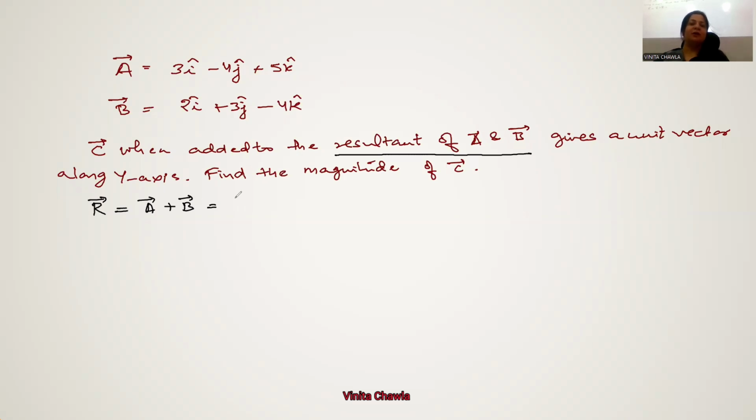Now write vector A first. It's 3 I cap minus 4 j cap plus 5 k cap. Vector B is 2 I cap plus 3 j cap minus 4 k cap, right? As discussed, I cap is added to I cap, j cap to j cap, k cap to k cap.